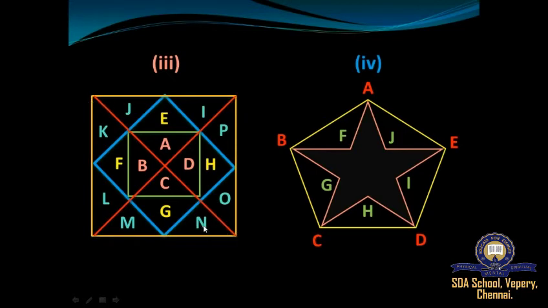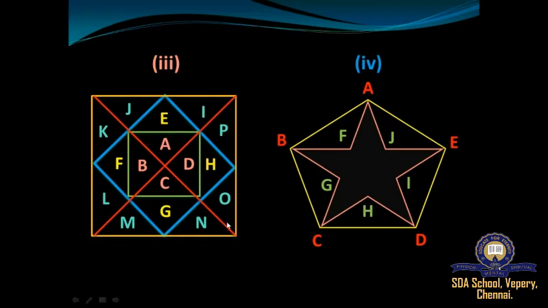Likewise, when I combine NGCMBFLK, I get another big triangle. When I combine KJFLBAEI, I get another big triangle. When I combine PDHONGCM, I get another big triangle. So there are totally 4 triangles.